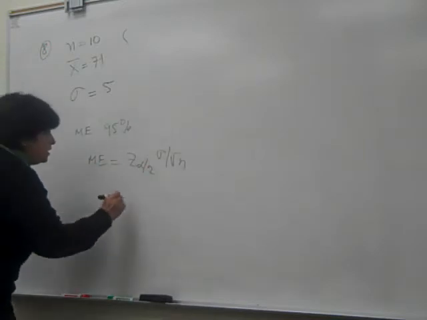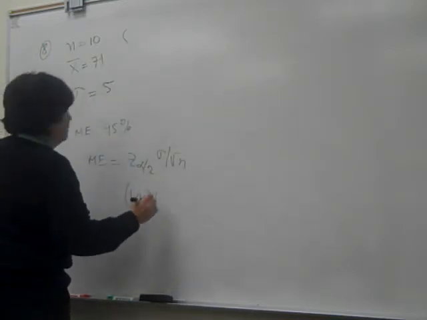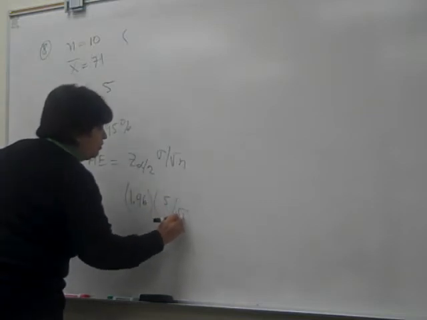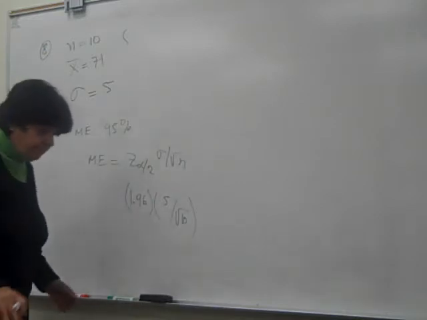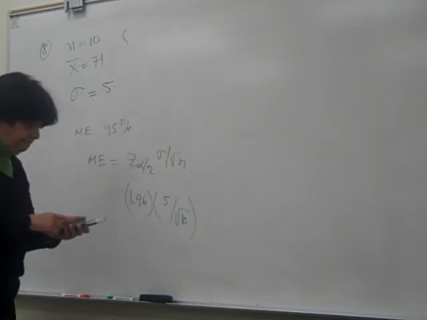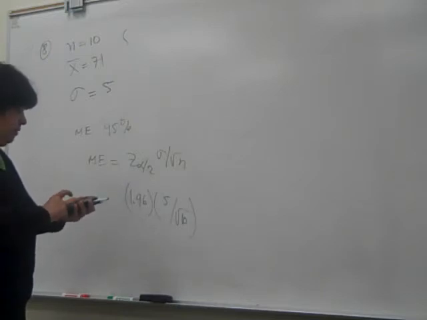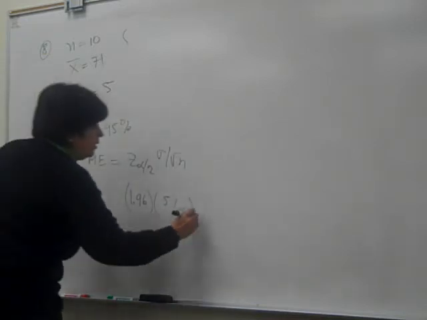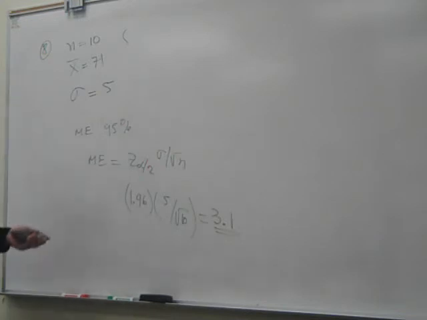It is 1.96 times sigma, that is 5, divided by the square root of the sample size, that is 10, and that gives us 3.1. So the margin of error is 3.1.